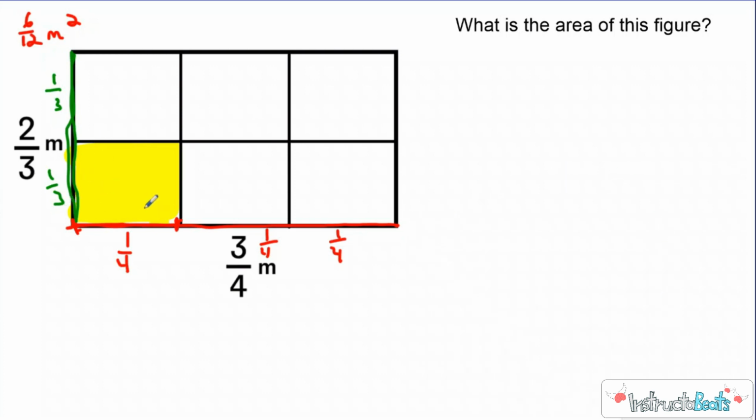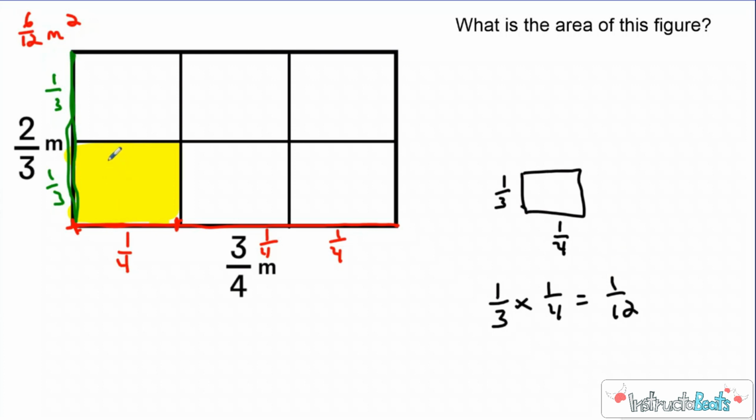Each square tile is this little mini thing right here that has a length of 1/4 and a width of 1/3. So if you multiply those together to find the area of just this one little piece, 1/3 times 1/4 would be 1/12. So each little tile piece right here is 1/12 meters squared. This one is. Matter of fact, all of them are.